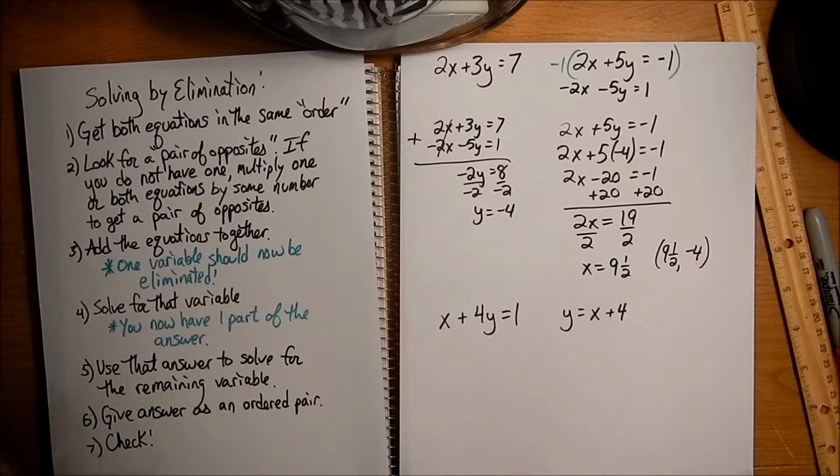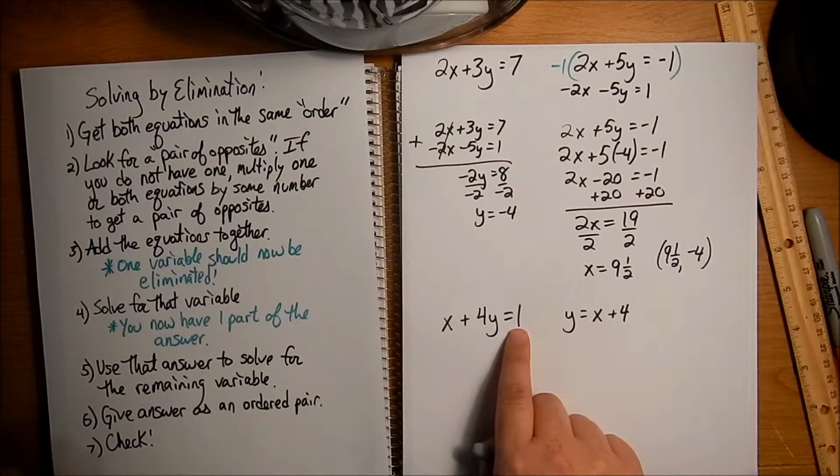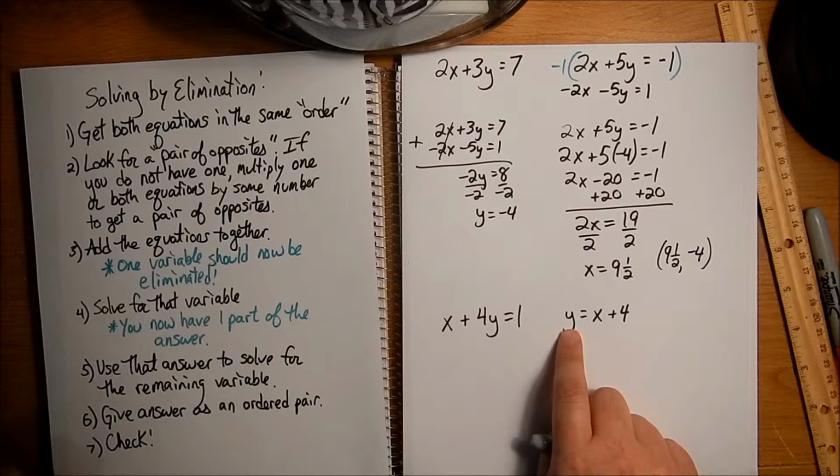Let's take a look at this one here. Let's see. So I want to get both equations in the same order. Well, I have x and y on the left here equals some number. I only have y on the left-hand side here.